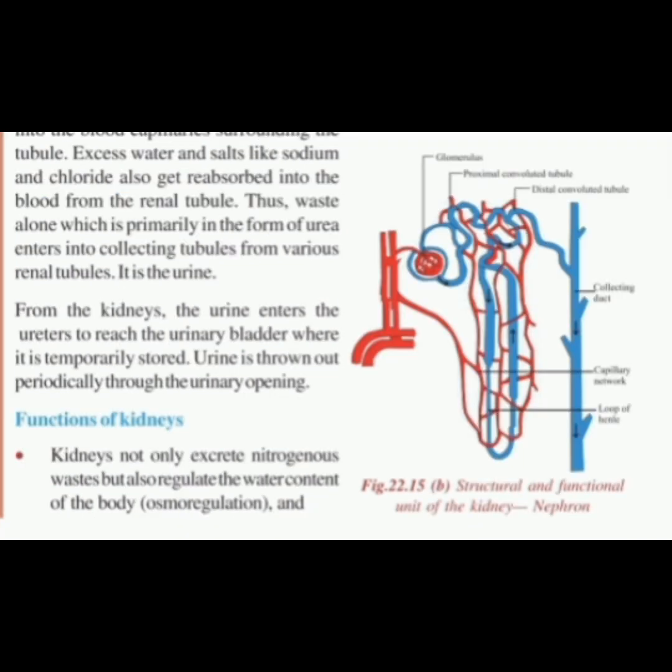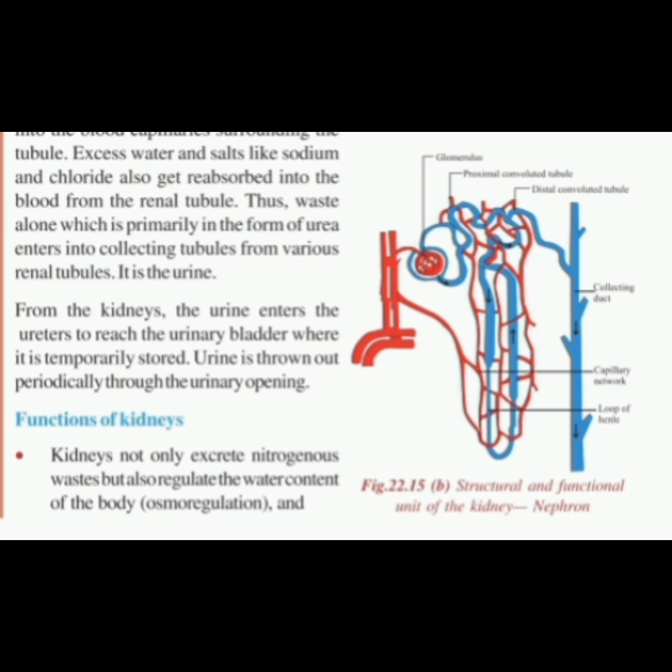Thus the waste alone, primarily in the form of urea, enters the collecting tubules from various renal tubes. It is urine. From the kidney, the urine enters the ureter to reach the urinary bladder, where it is temporarily stored. Urine is thrown out periodically through the urinary opening.